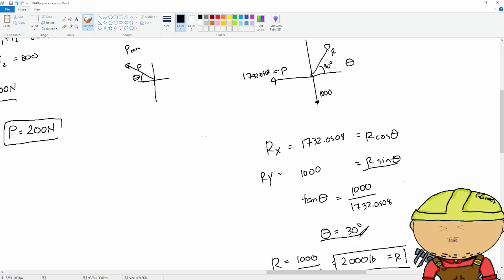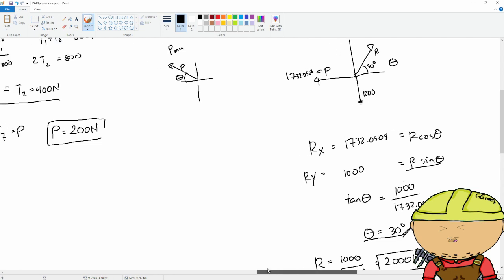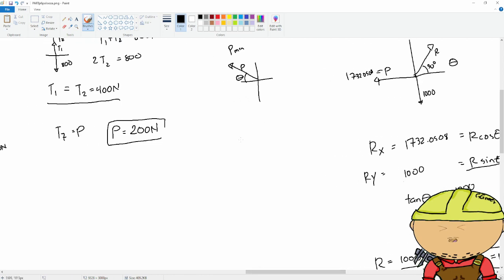It seems we have three forces working: the 1000, the reaction, and the P. Let's make P here at angle theta, and this is R at 30 degrees, and 1000.